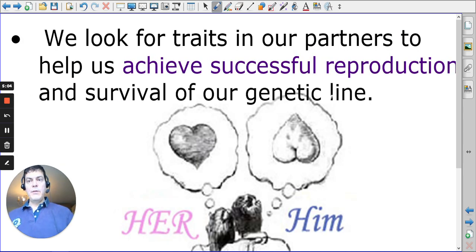Both males and females are looking for specific traits that help us achieve successful reproduction and survival of our genetic line. You can see part of a comic strip here, trying to point out that we have these different traits that we might need.